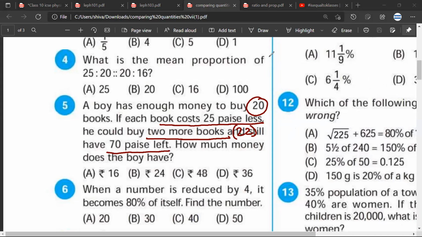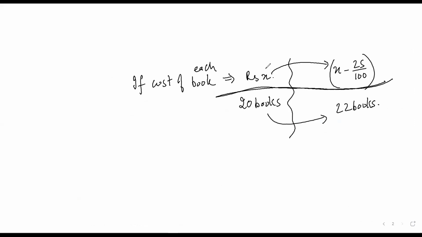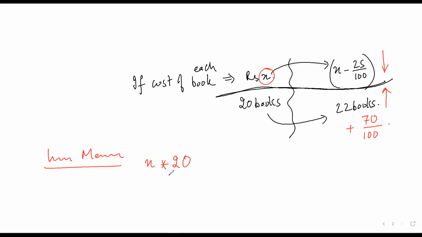So basically, if you reduce the cost of the book from X, you will be able to buy more books, plus you will have 70 paise left. Is it making sense? Yes, sir. So the initial money that he would have, because each book costs X rupees and he is able to buy 20 books, is the total amount.